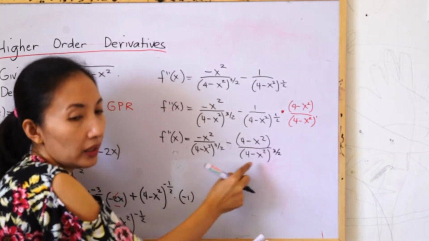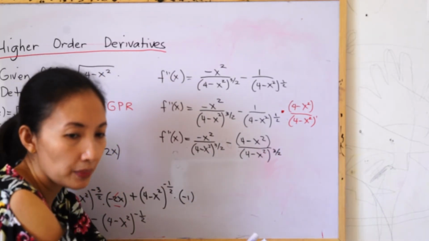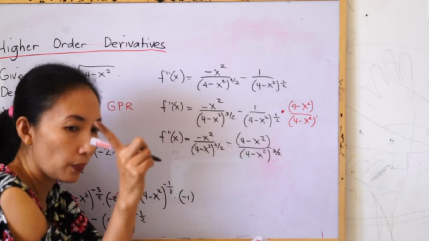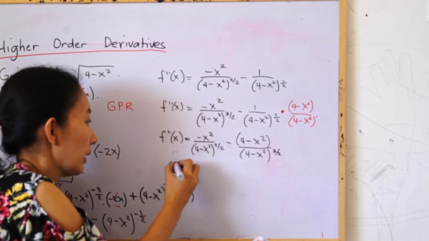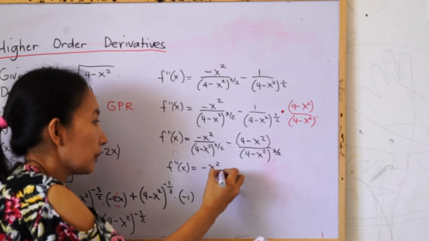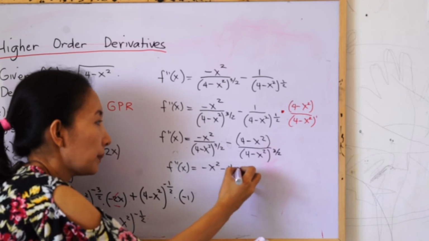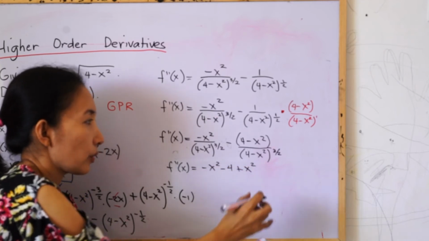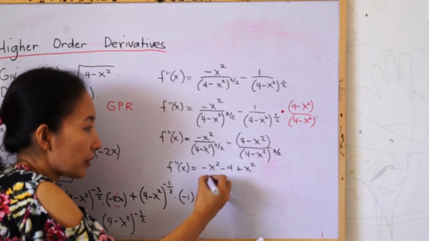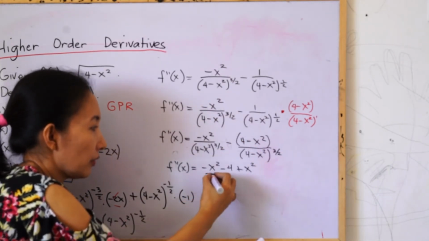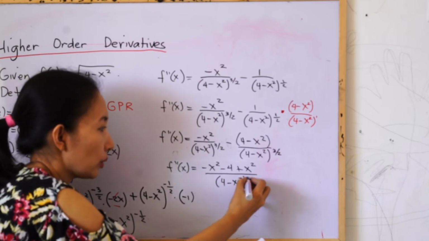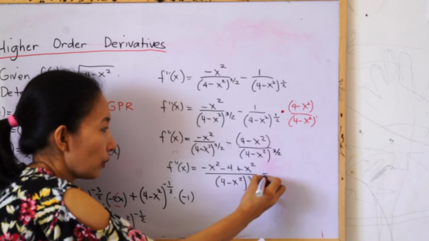Are they similar now? Yes, they have the same denominators, so we can write them as one fraction. f double prime of x equals negative x squared minus 4 plus x squared, since minus 4 and minus negative x squared gives positive x squared, all over 4 minus x squared raised to 3/2. What will this be?